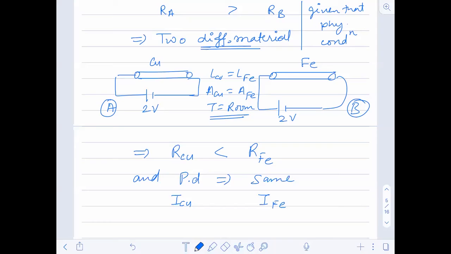Copper. Very good. In copper, the current is going to be greater. So can you understand now how the resistance depends upon the material? I hope everybody understood.